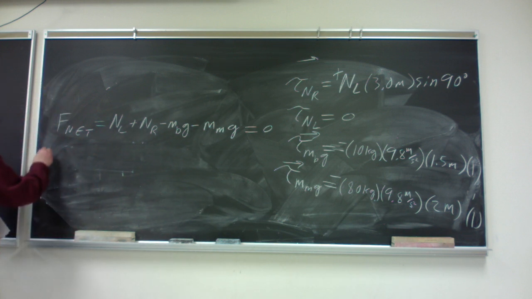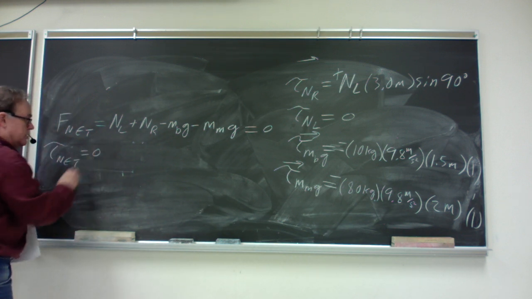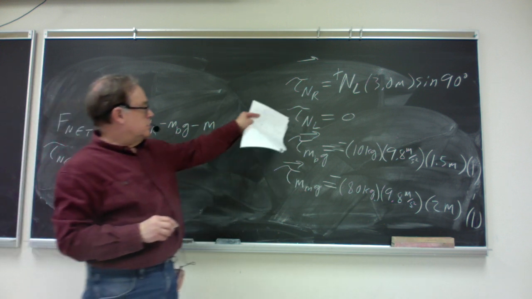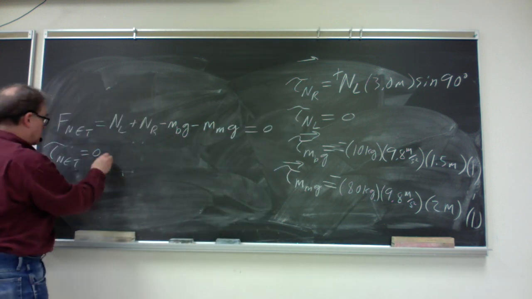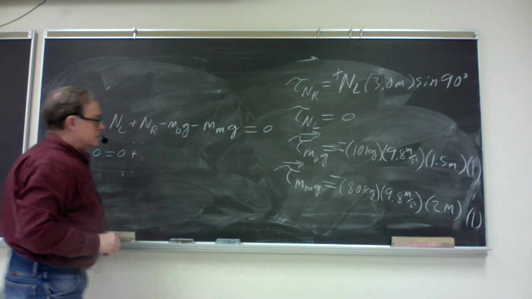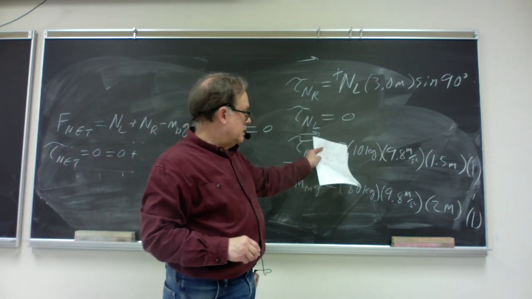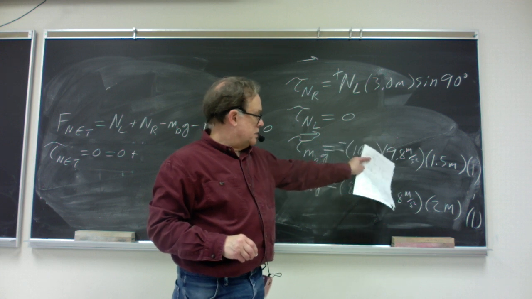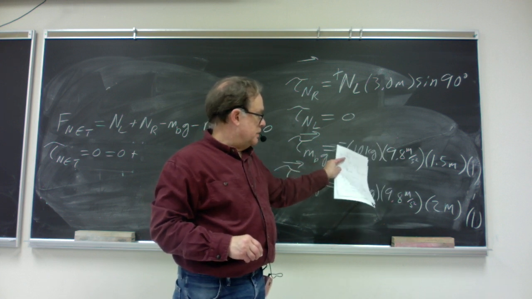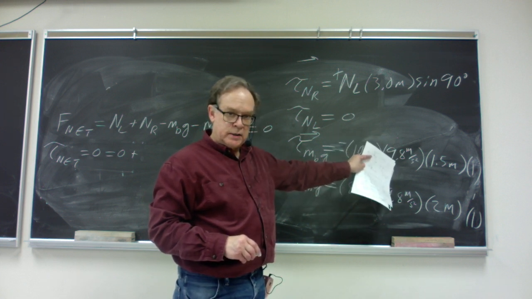So the net torque, which is going to be 0, is just a sum of 4 torques. This torque, which is 0 itself, plus this torque minus 10 times 9.8, or 10 kilograms times 9.8 meters per second squared.